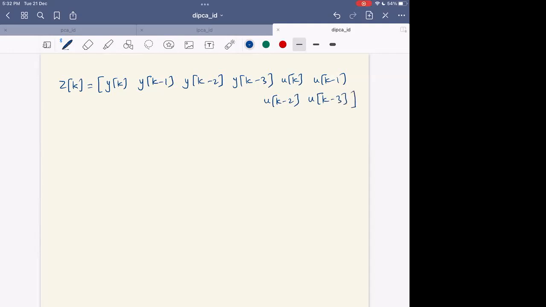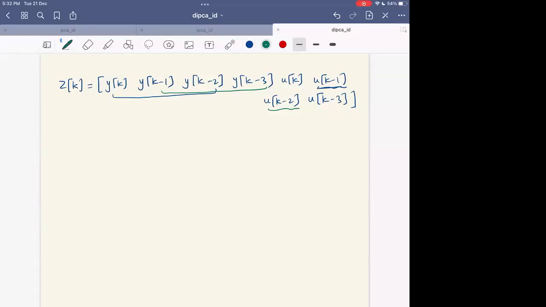What happens is when you stack all the observations, there is one relation that is tying YK minus 1, YK minus 2, and UK minus 1. So this is one relation. Then we have a second relation that is tying, you can say, YK minus 1, YK minus 2, YK minus 3, and UK minus 2. Right? So because of the excess stacking, we have actually two constraints that are appearing.